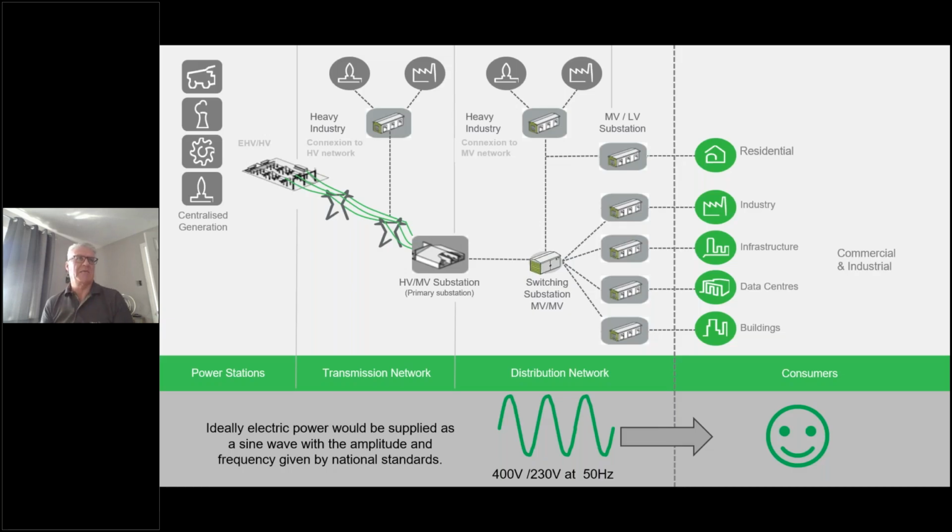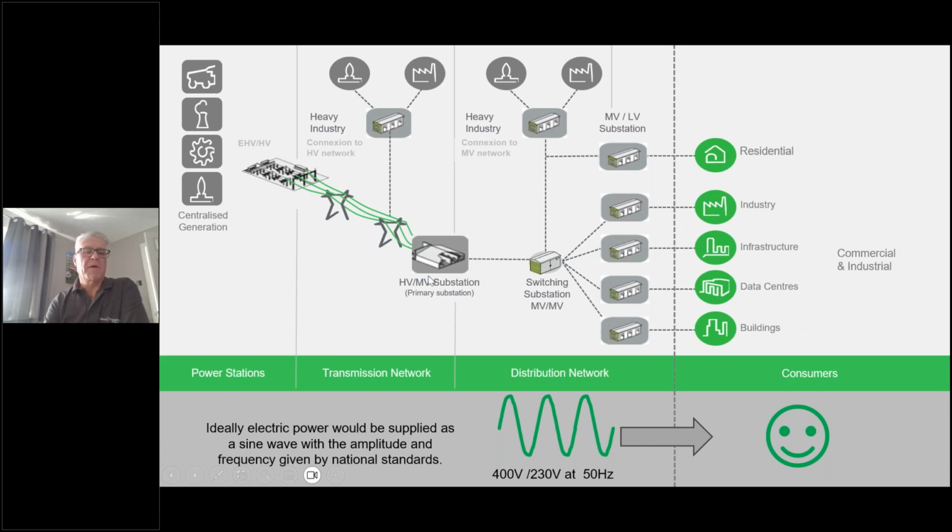If we look at the power grid itself, if we look at the power grid in the UK, we go everywhere from the high voltage systems over here, right the way through to various substations and switching stations, right the way down to residential, industry, infrastructure, data centers and buildings, the sort of environments that I mentioned just now.